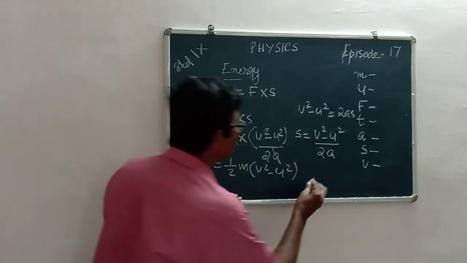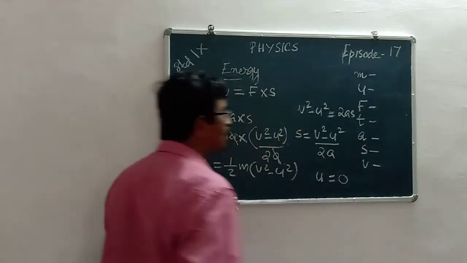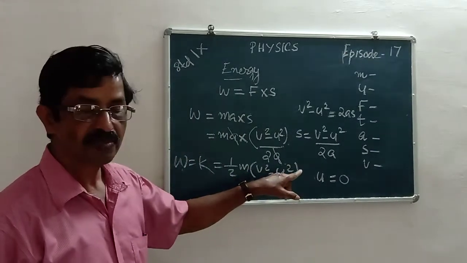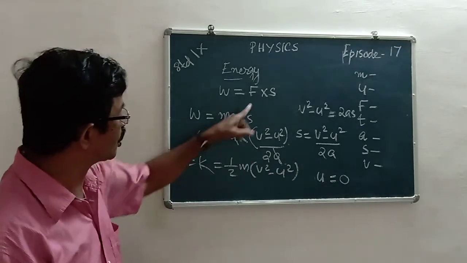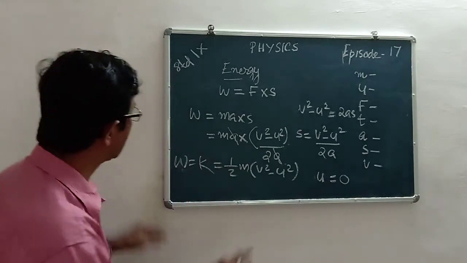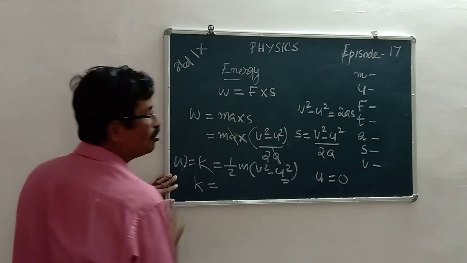See, if the body was at rest in the beginning, then u is equal to 0. If the body remains at rest when the time starts, then u is equal to 0. Then the relation becomes K is equal to half m v square, since this term is no more there.